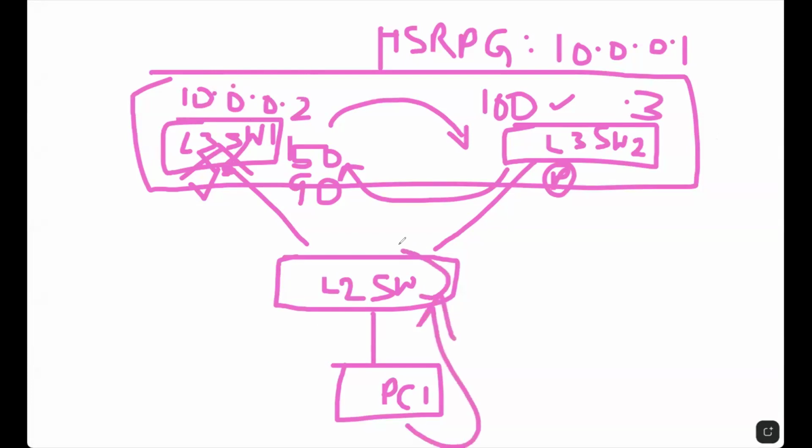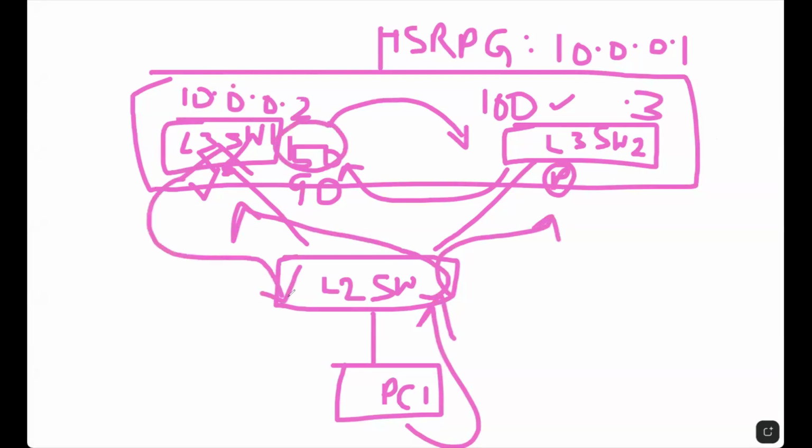PC1 should broadcast to this one and it should broadcast to this one. But because this one has the higher priority, it should reply back and then that should come back to PC1. From the next packet, it should automatically go to the active device because this one replied to the first packet. All right, so that should be the theory. So now let's see how it behaves.